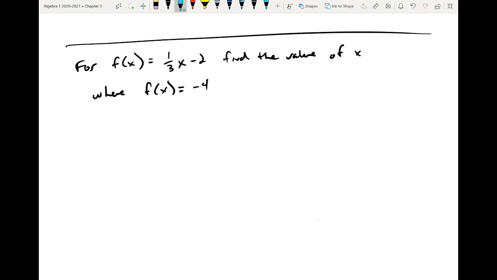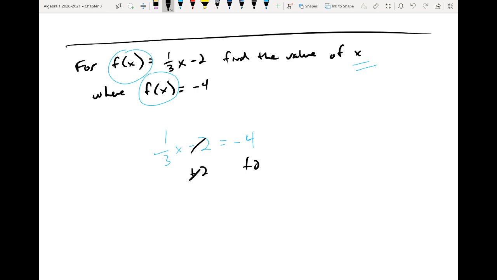Now guys, take a look at this. This is f of x, this is f of x, therefore these two things equal each other. Therefore, 1/3 x minus 2 has to be equal to -4. And it wants us to find, right, this x, which all we have to do is solve there, right? And now we're off to the races.